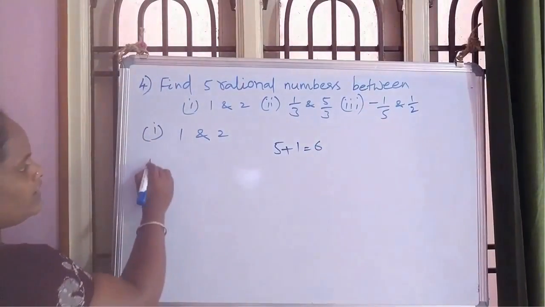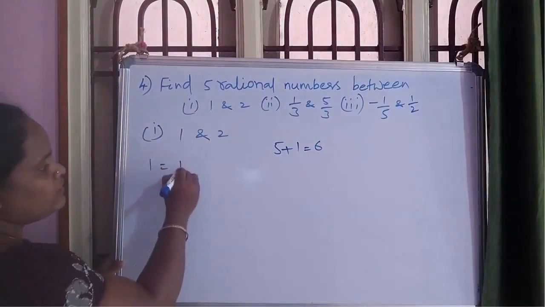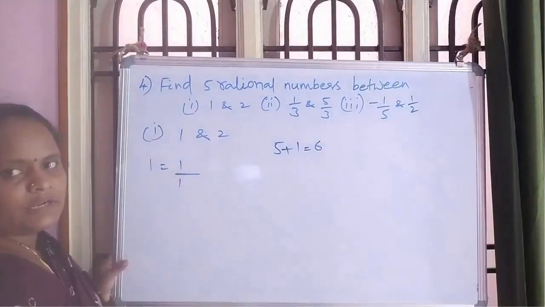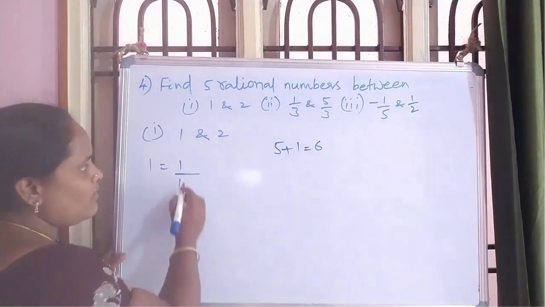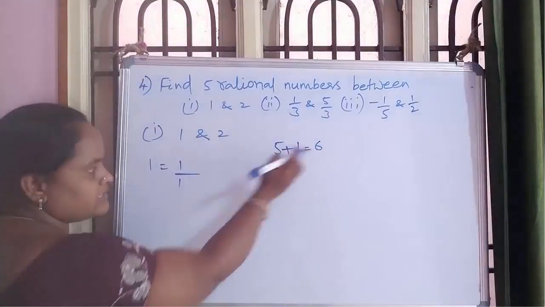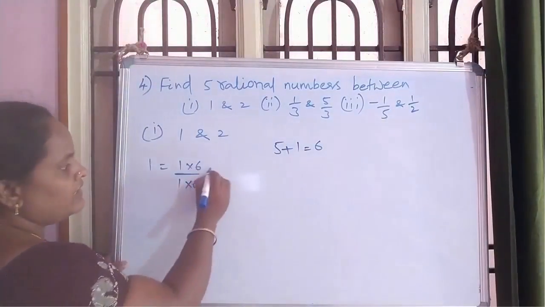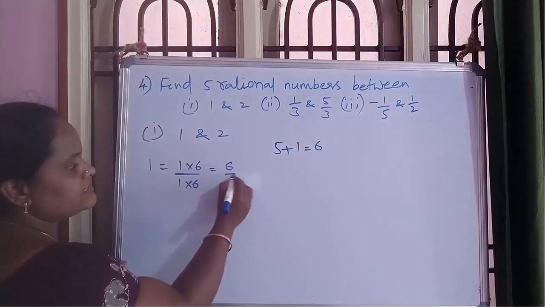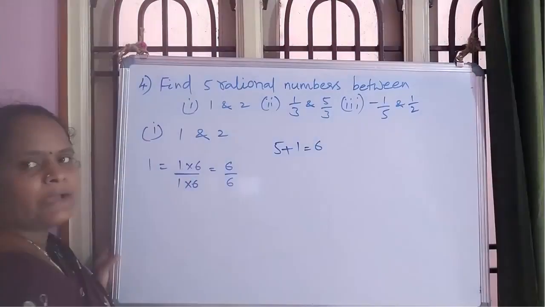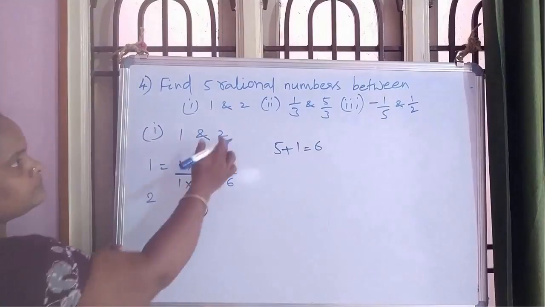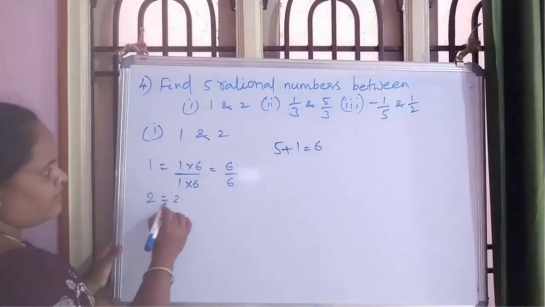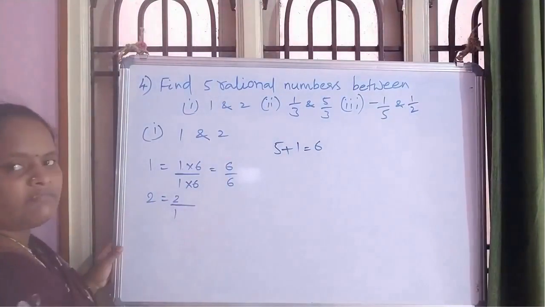Now 1 can be written as 1 by 1. Now I am multiplying by 6 in the denominator as well as in the numerator. Now I will get 1 into 6 is 6, 1 into 6 is 6, so 6 by 6. 2 can be written in the same way as 2 by 1.